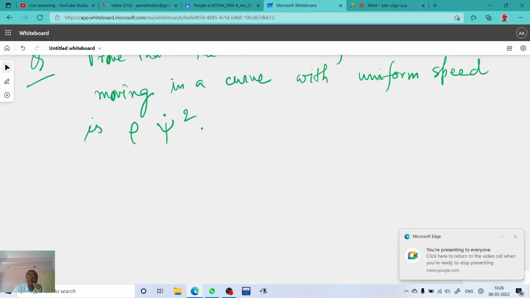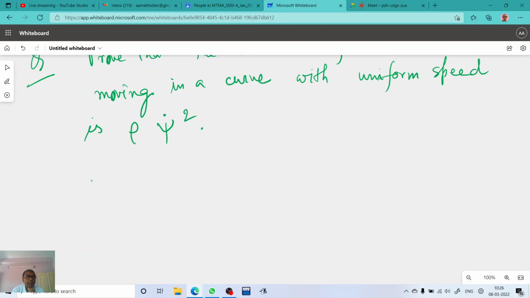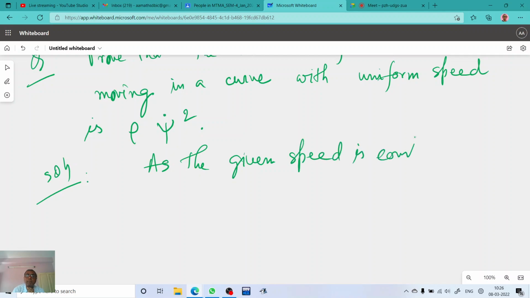Here, acceleration of a point moving in a curve with uniform speed. The given speed is constant. As the given speed is constant, v equals ds/dt equals some constant k.